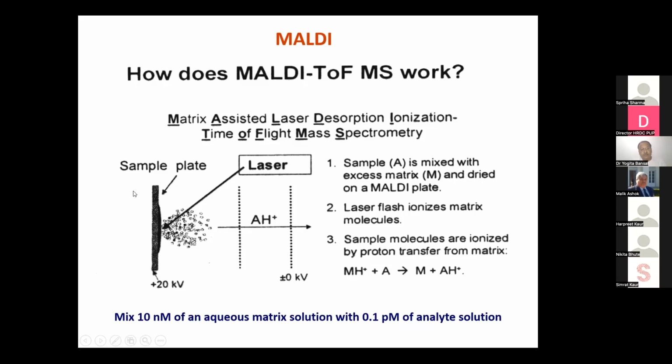So this is how MALDI works: matrix assisted laser desorption. First is the matrix, then the laser, and desorption occurs because of this heating. Ions are produced.